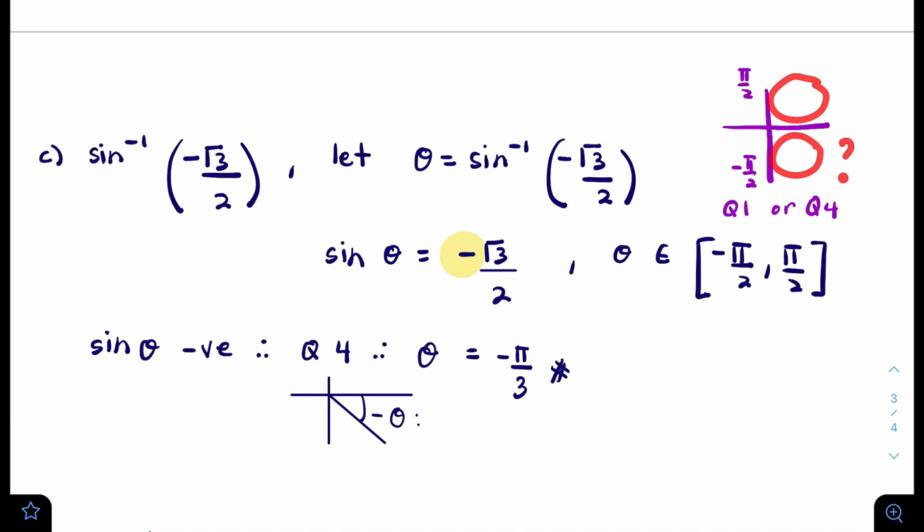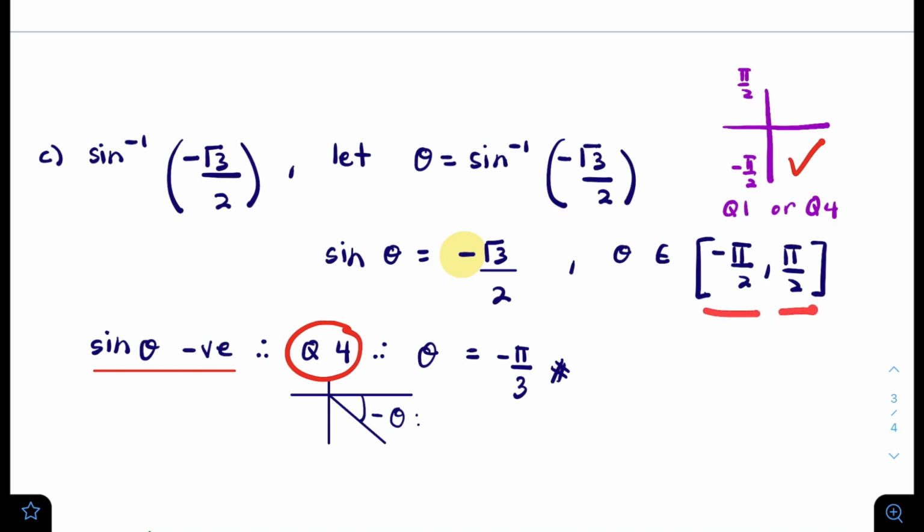For a negative sine, you should know that it is at quadrant 4. Because your angle is wanted between negative pi over 2 and pi over 2 only, the restricted domain.